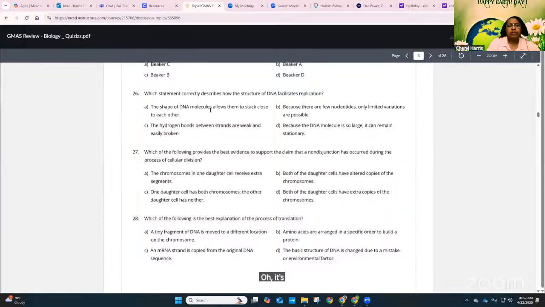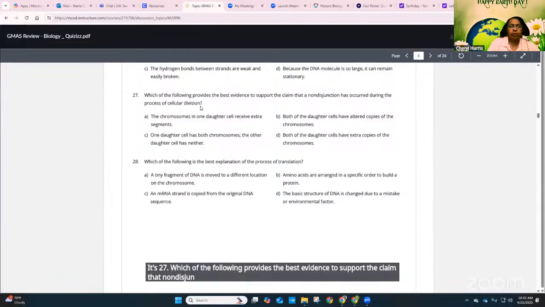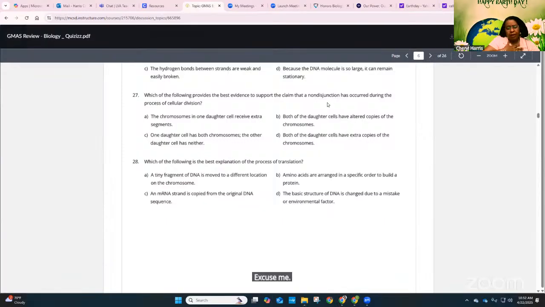27. Which of the following provides the best evidence to support the claim that non-disjunction has occurred during the process of cell division? Again, you have to look up that vocabulary word, non-disjunction. That's looking at the fact that during mitosis, the chromosomes are supposed to separate.